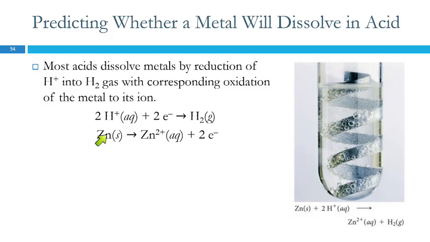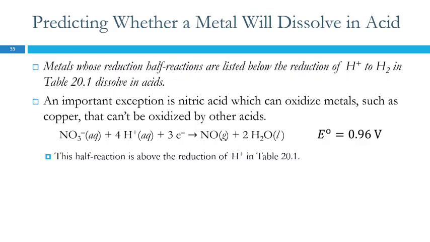So if this one, which is backwards, is below H plus, this will happen. If it's above, it won't happen. So metals whose reduction half reactions are below that of H plus will dissolve in acids.